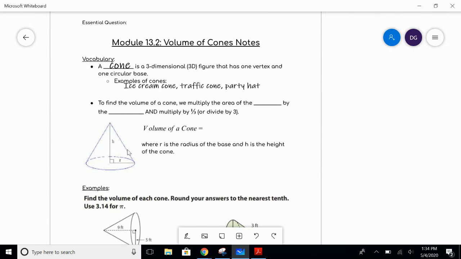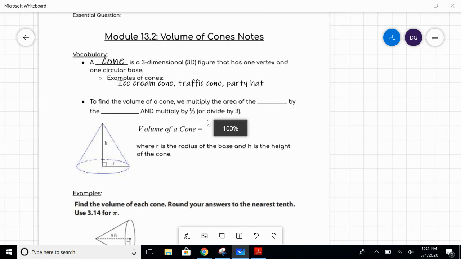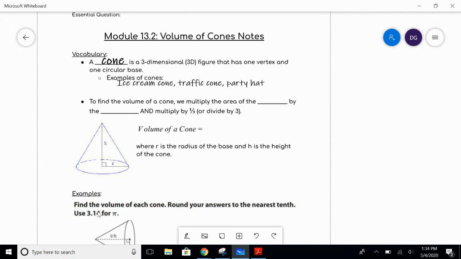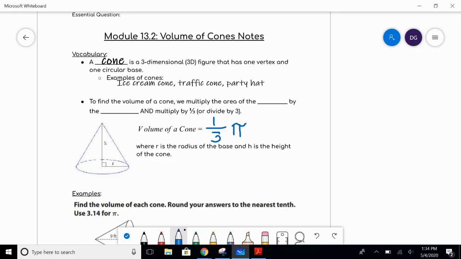Now to find the volume of a cone, I'm going to skip over this bullet point and just give you the actual formula. The volume of a cone: we multiply by 1/3, or divide by 3, and then it is pi r squared times h.